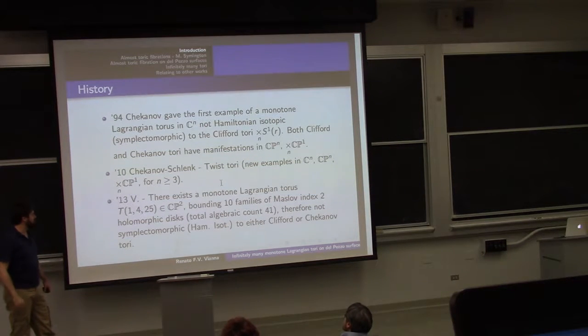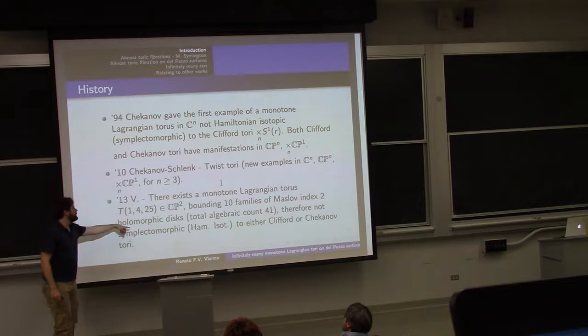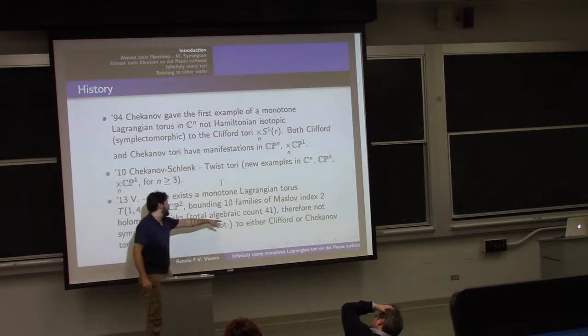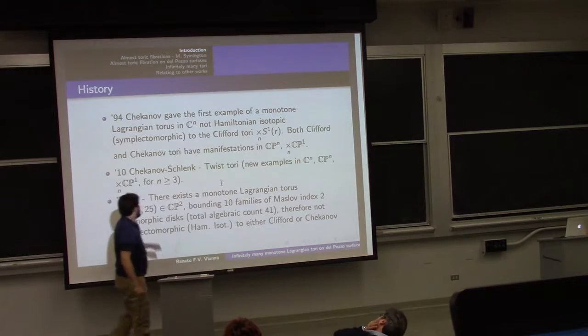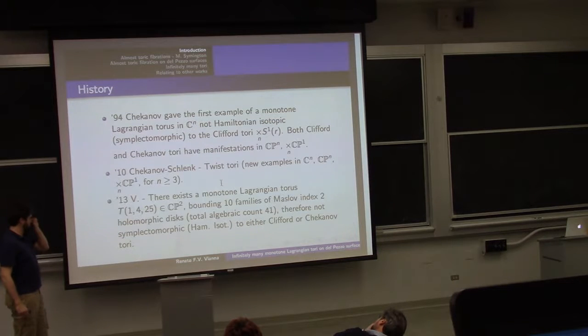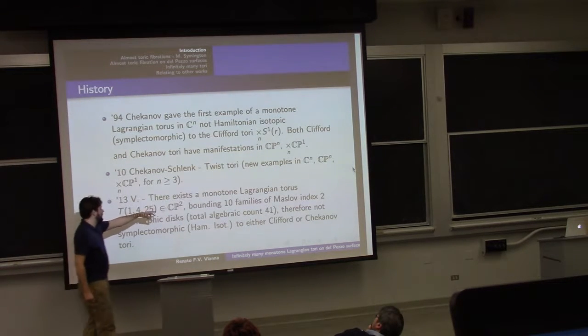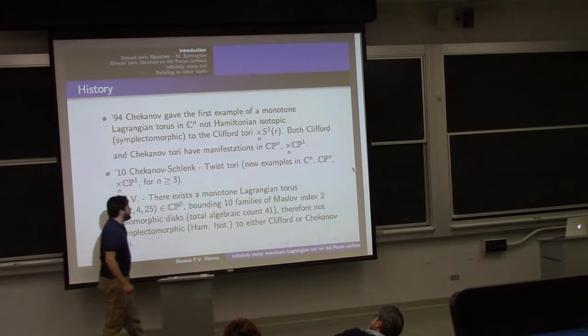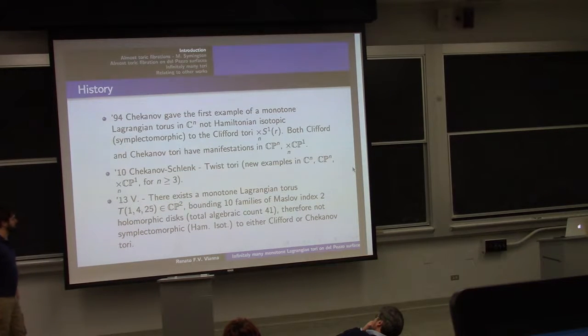They predicted that there should be a torus in CP2 with this enumerative geometry that bounds 41 disks, if you count with multiplicity, in 10 different classes. What I did in my case was to construct such a torus and prove that you can actually get a monotone torus with this enumerative geometry.